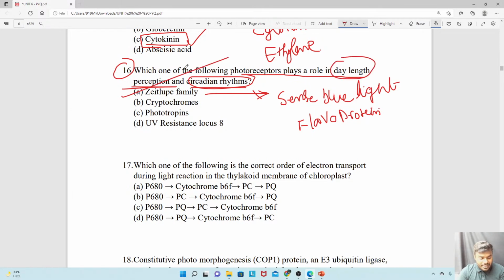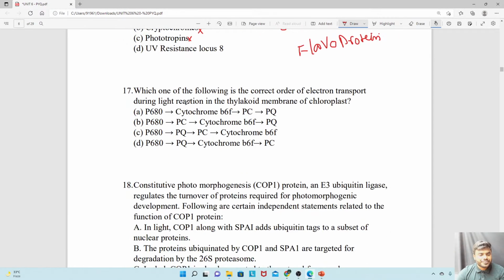Answer will be A, jet loop. It's not cryptochrome, it's not a phototropin. Please don't confuse and remember this. In evolution, when we are reading circadian rhythms, we will remember this. Keep it in your mind. Jet loop family proteins are blue light sensitive flavoproteins involved in day length perception and circadian rhythm. Answer is A. It's not B and C. Don't confuse this. Okay.